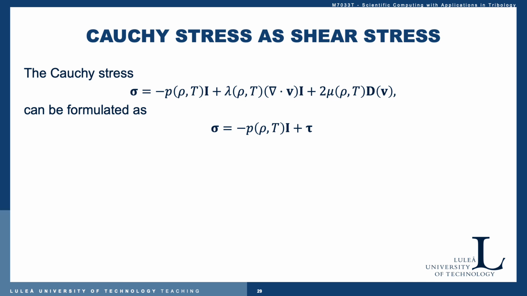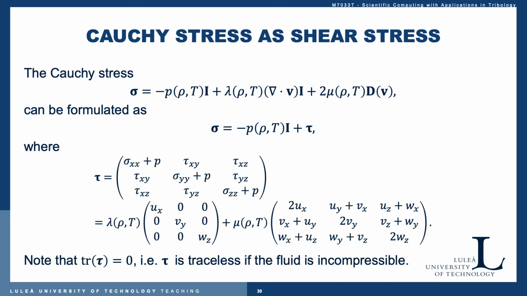And instead of having the last two terms, we can express them in terms of a shear stress tensor, and therefore this shear stress tensor must be exactly defined like this. So we have shear stresses on the non-diagonal components, and we have added to the diagonal components normal stresses.